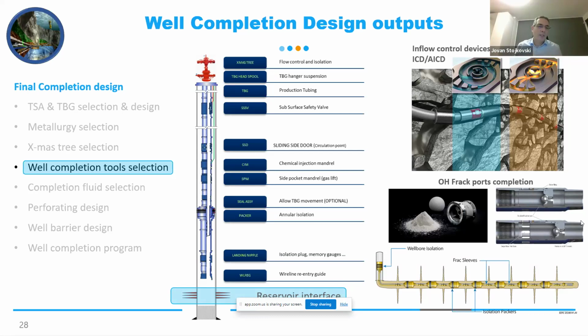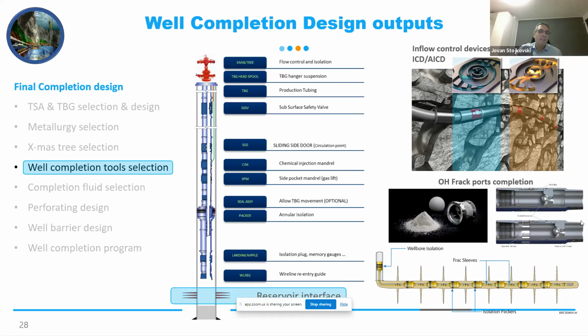If we need something special, if it will be a long horizontal section that we need to stimulate because the rock is very tight, or if we don't plan any stimulation, but due to the horizontal shape we are expecting water breakthrough, for example, on the heel more often than in the toe, we can put devices, for example inflow control devices, which can mitigate your flow if water comes, to choke the water but let oil flow at a much higher rate.